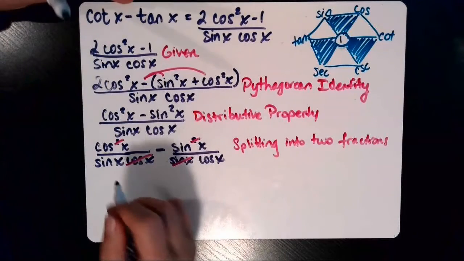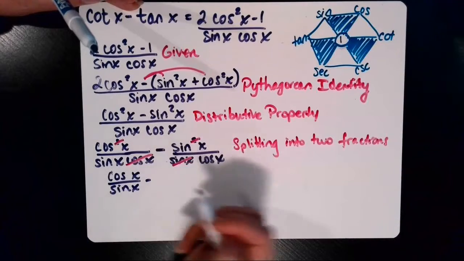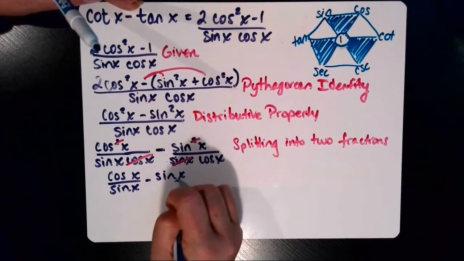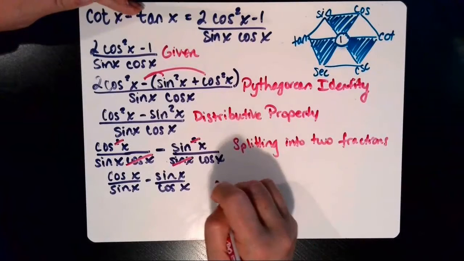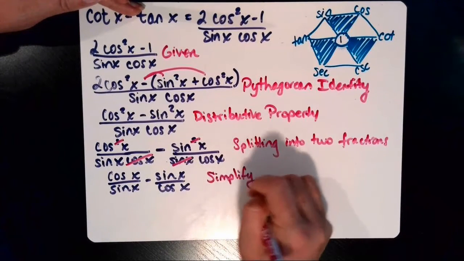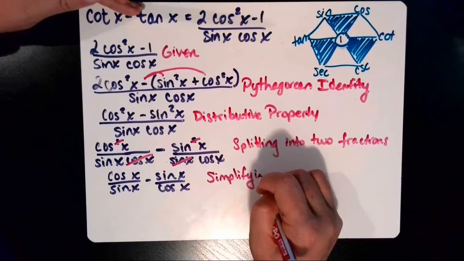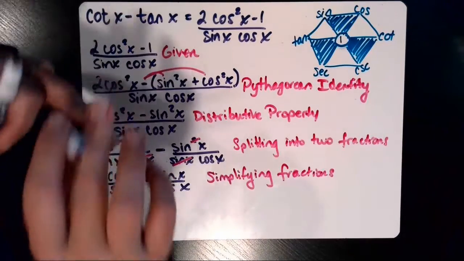And that will leave us with a cosine x over sine x minus sine x over cosine x, and that was simplify. So we simplified those fractions.